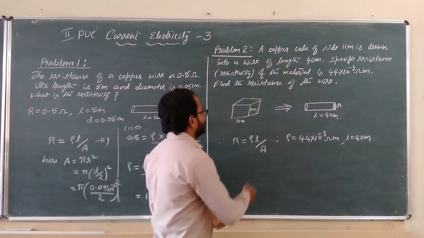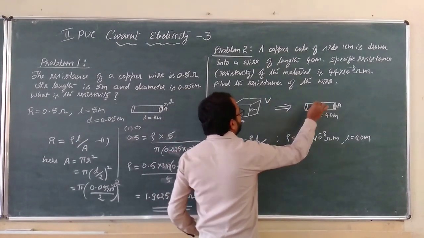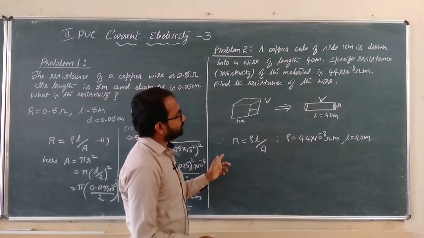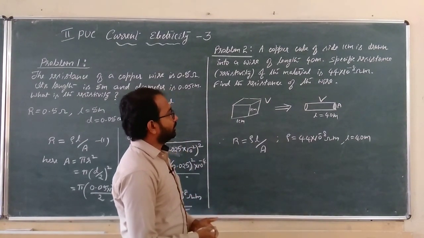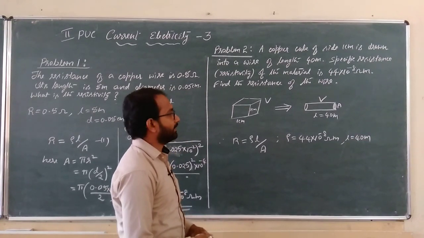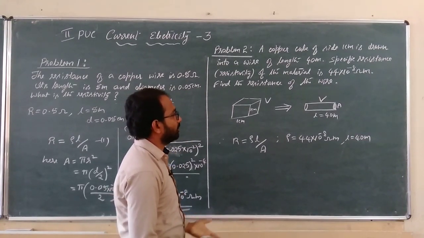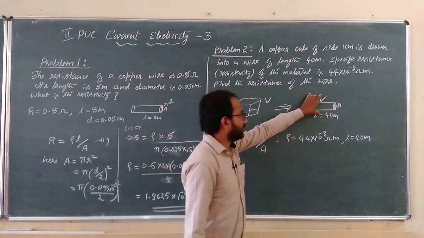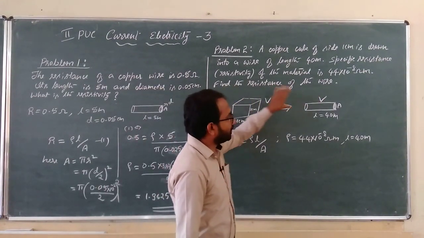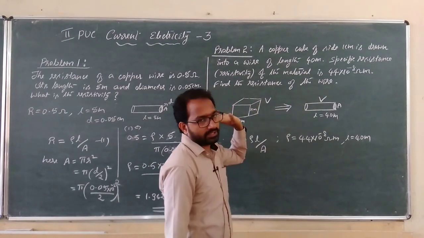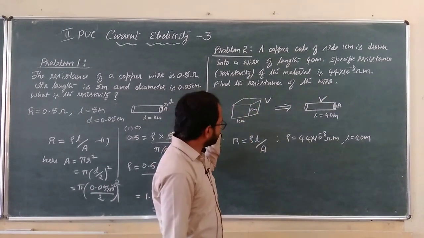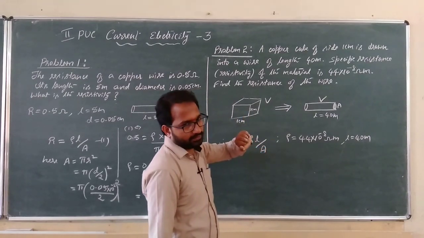Density is mass per unit volume, so mass is equal to volume into density. The mass doesn't change when the cube is drawn into a wire. What about the density? Density is also the same because the material is the same.